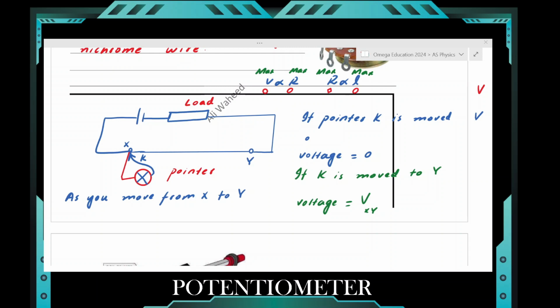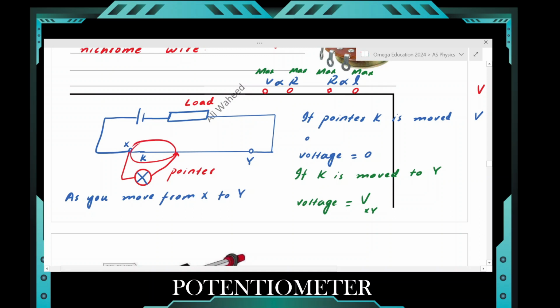And as I move it towards the right side, let's say if I move the pointer K from here to some place in the middle, now the filament lamp would be getting some voltage, because this time around you have used this portion of the wire, let's say 20%.